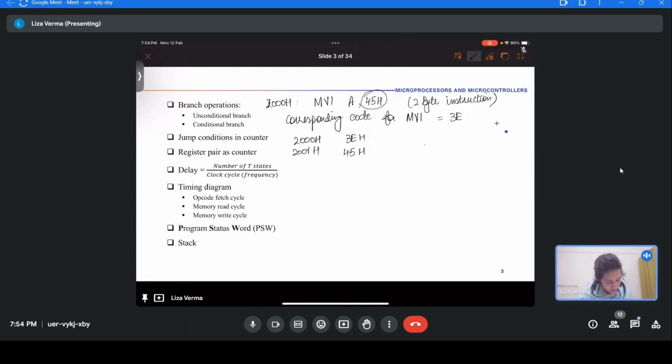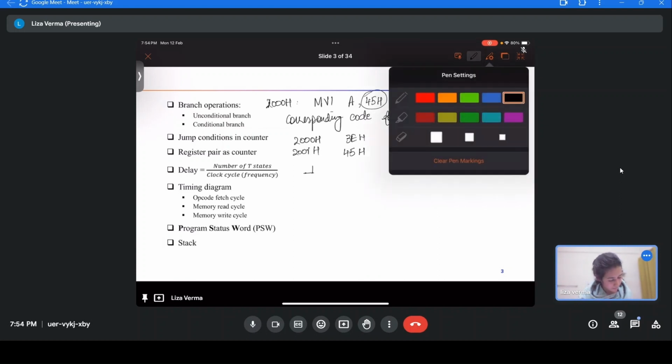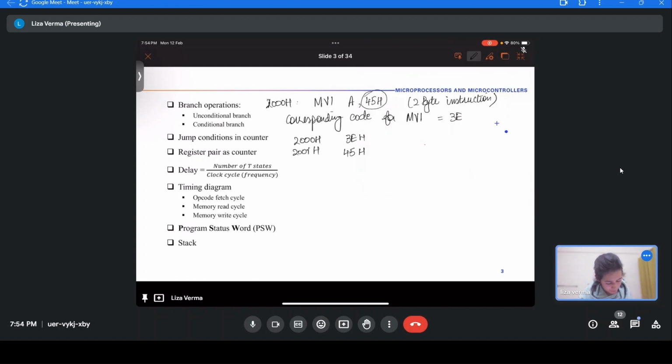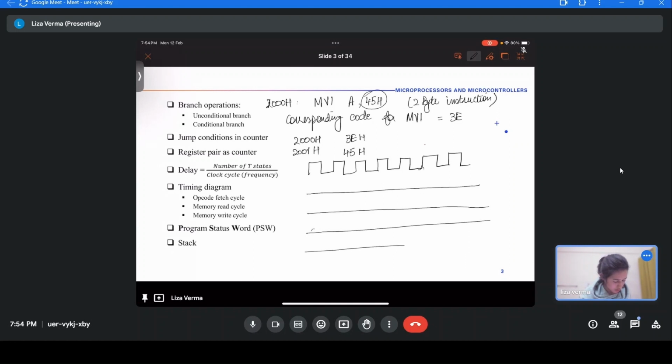Okay, so let's say this is our clock. This is the clock.